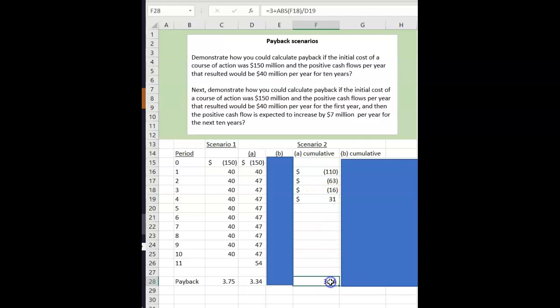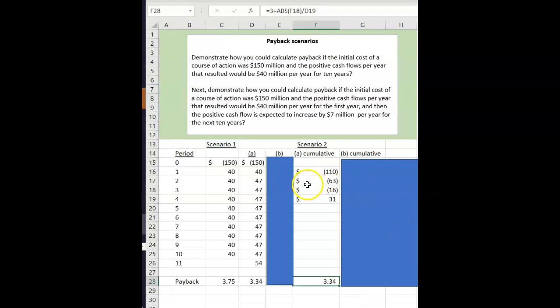So then you can look ahead and say, well, we're negative 3 years, so I know we're 3 years in the hole, plus a fraction of the year. The fraction of the year is the 16 negative at the end of year 3, and we're going positive 47 during year 4. You can see where I'm pulling the numbers from. So if I do that, I get that fraction of the year, and that's 3.34.